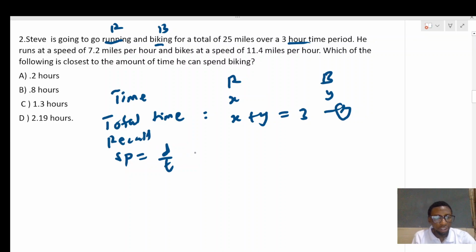And distance from here is speed times time. So let's talk about distance.